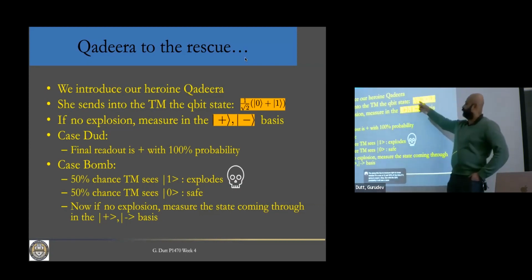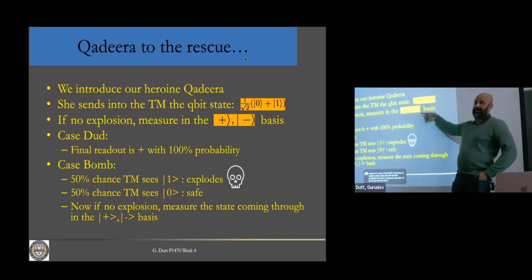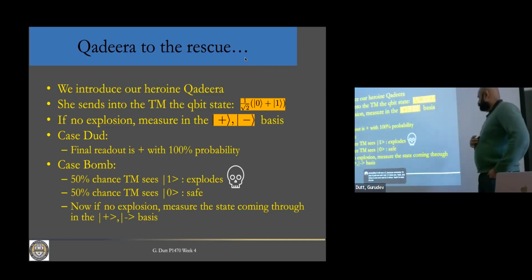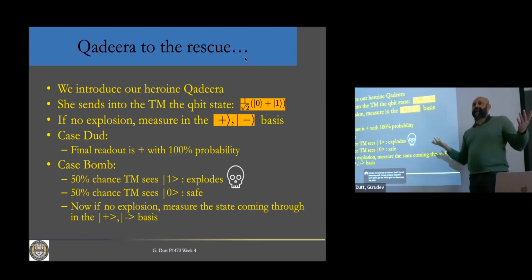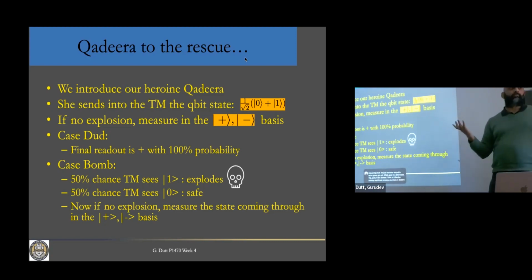Because remember, plus is 1 over root 2, 0 plus 1. And minus is 1 over root 2, 0 minus 1. And in the dud case, it's not measuring at all. Whatever we put in, we're going to get out. Think of it like the Turing machine is missing. There's nothing in the box to do the measurement.